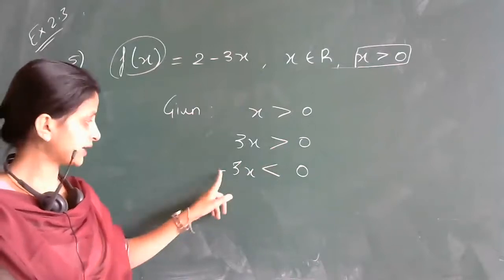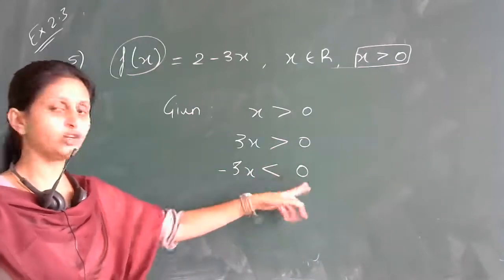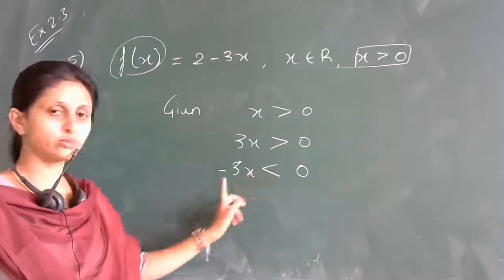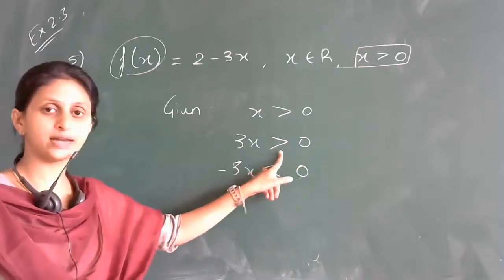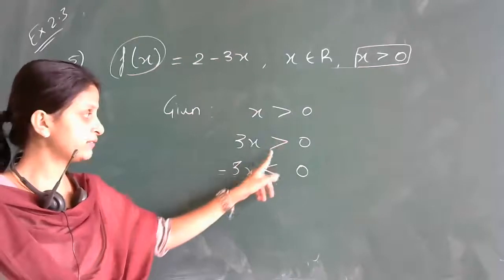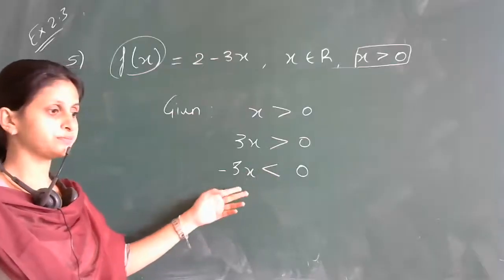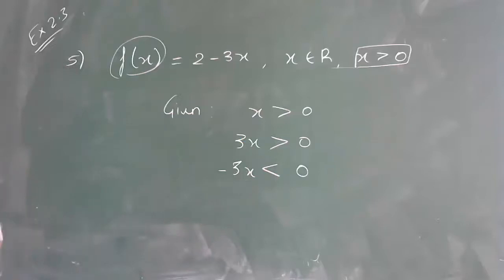Negative of 0 is again 0, so it doesn't matter. I hope everyone understood this. Do you all understand?